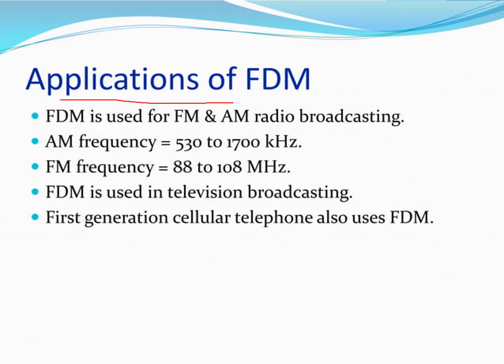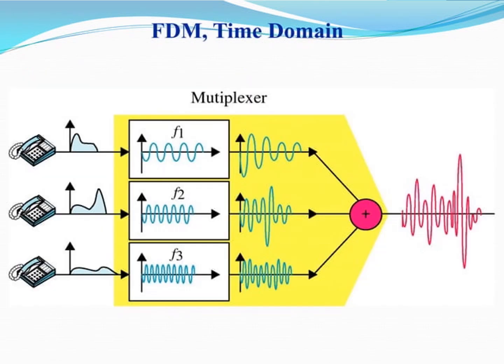Applications of FDM: it is used in both FM and AM radio broadcasting, which I mentioned earlier. AM has 530 to 1700 kilohertz, and FM has about 88 to 108 megahertz. It is also used in television broadcasting, and first generation cellular telephones use FDM. These are the applications of frequency division multiplexing.